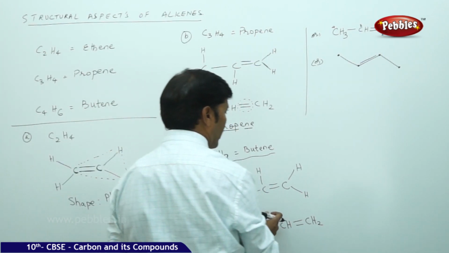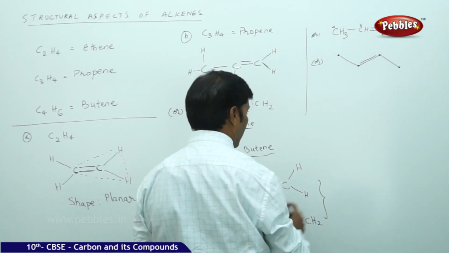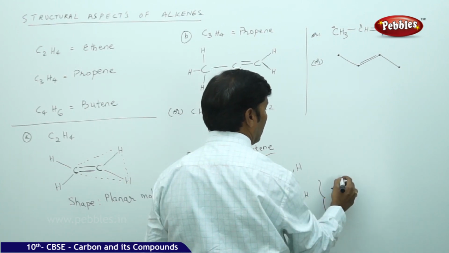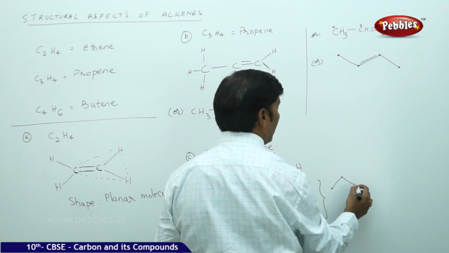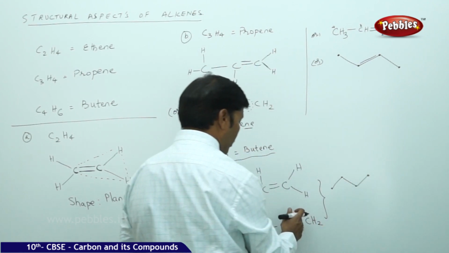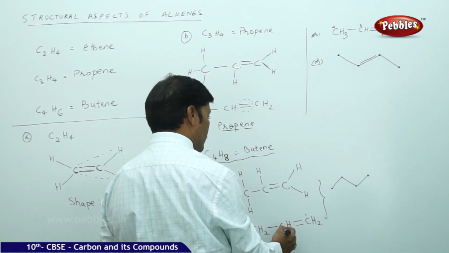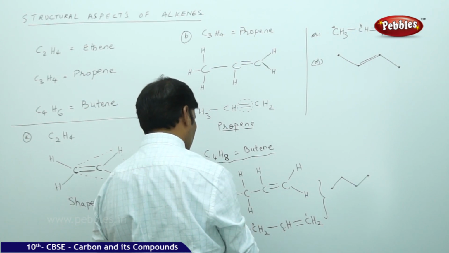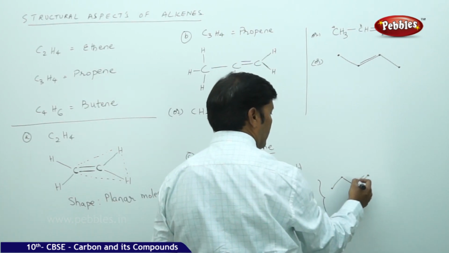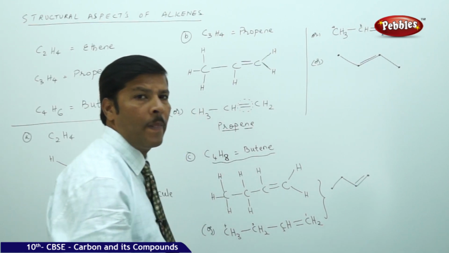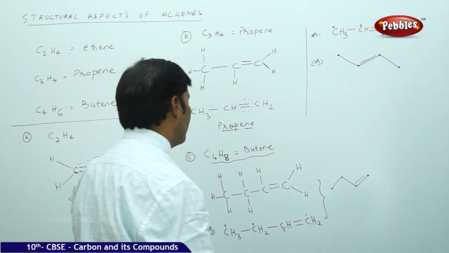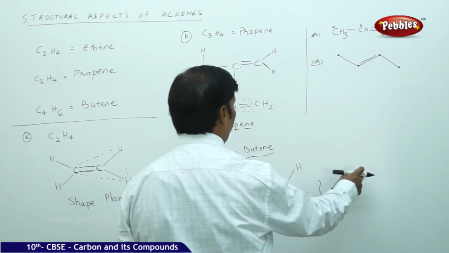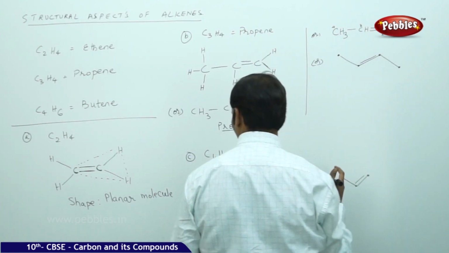Here also you can show the bond line representation: 1, 2, 3 and 4. Here the double bond is between the first and second carbon, so you place a double bond here. So this is the bond line structure of 1-butene, and the bond line structure of 2-butene.